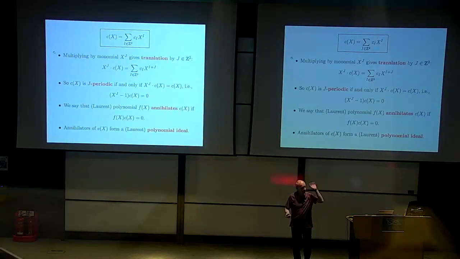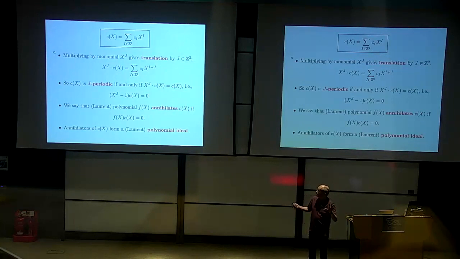Now you may notice that, as I said, I'm not going to plug any numbers into the variables. But what I can do formally is multiply my power series with polynomials. That's fine. There's a formal product of a polynomial and a power series.